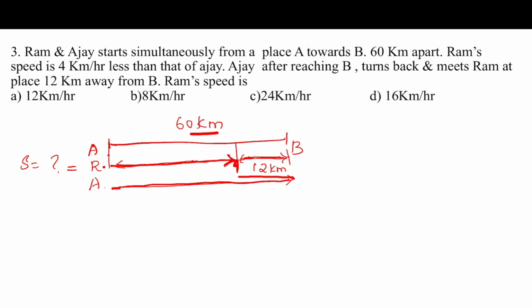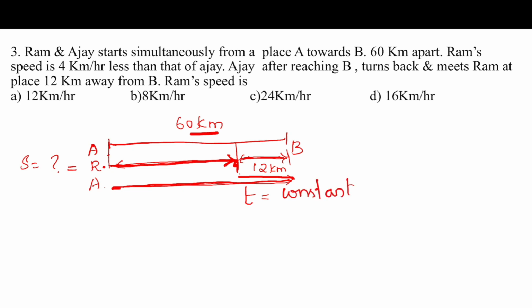Now see here, the time Ajay takes to go from here till B and come back till here is equal to the time travelled by Ram till here, isn't it? So that means time is constant.